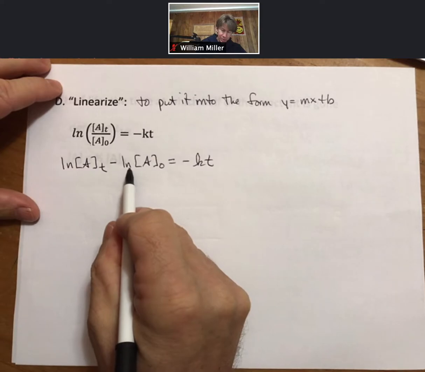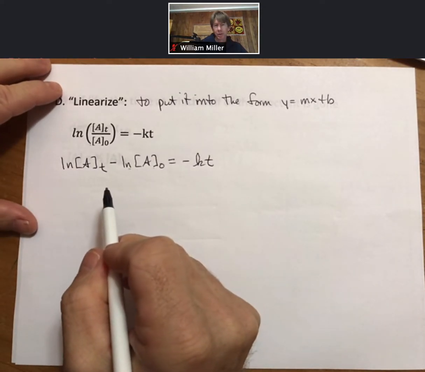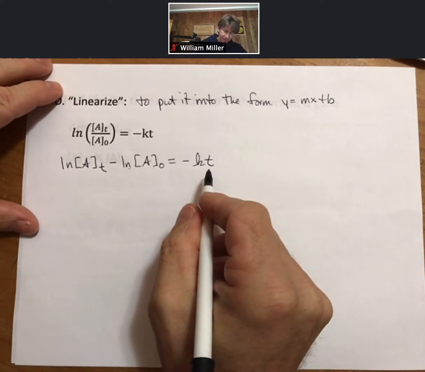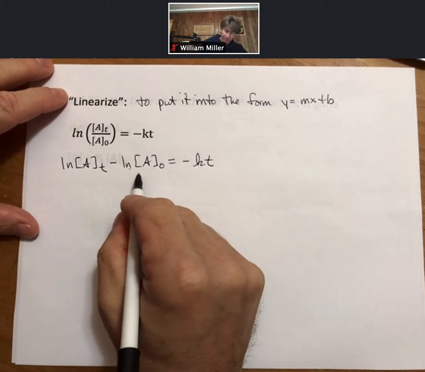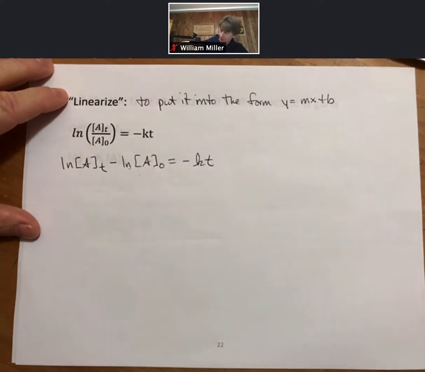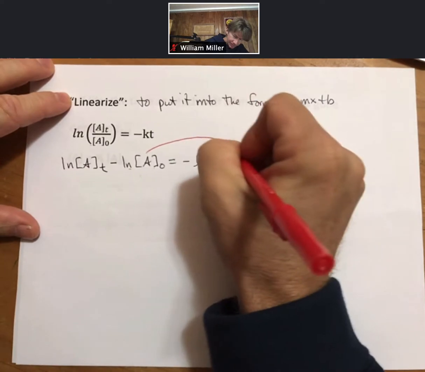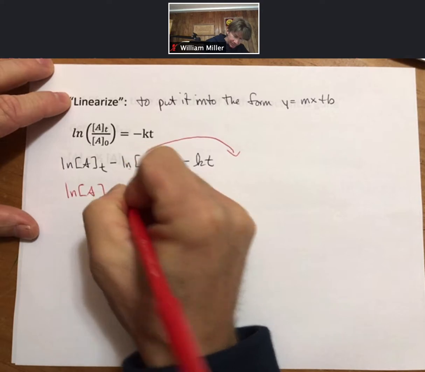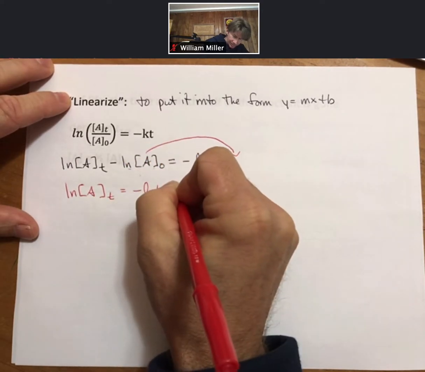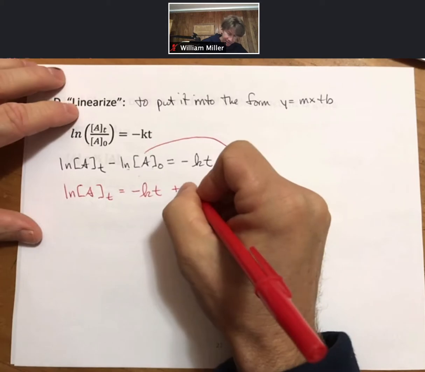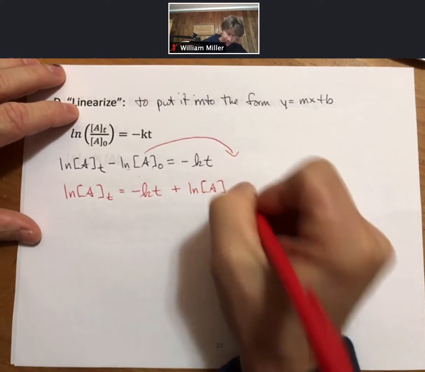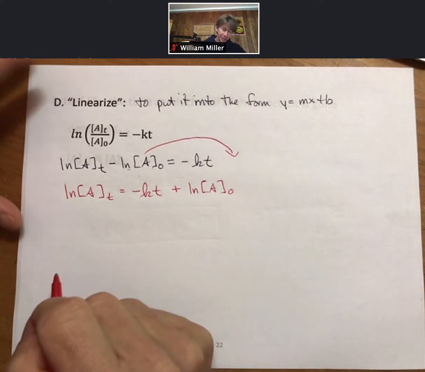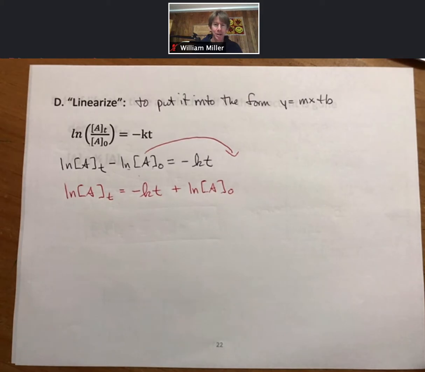And now I'm just going to move this natural logarithm of the concentration of A at time equals 0 term to the other side. I'm going to flip it all the way over here, so it'll be plus on the other side. And I prefer to keep it like this, even though we have a negative sign here, because it wasn't that hard. We're done.